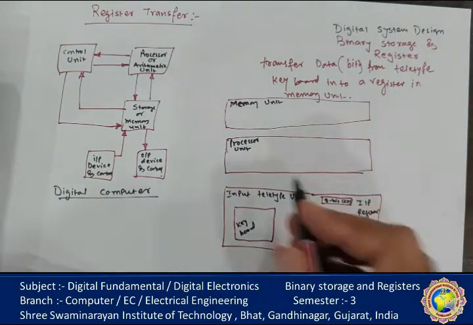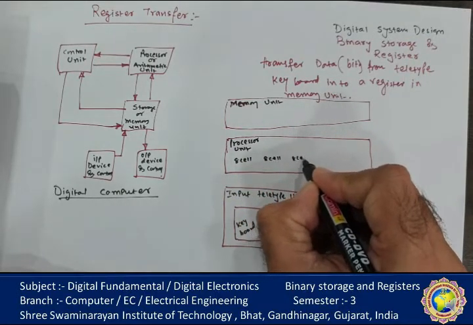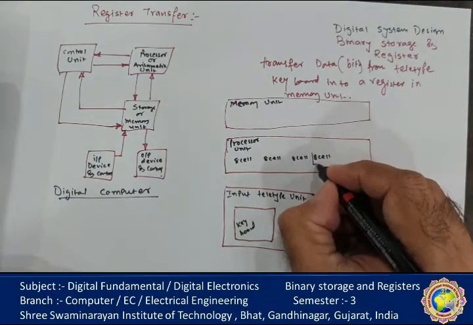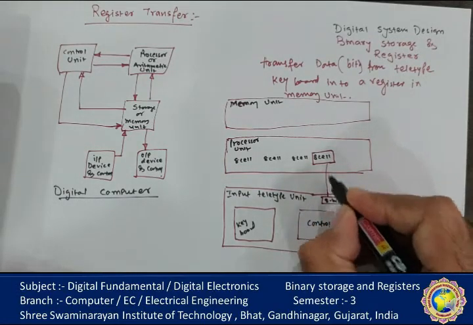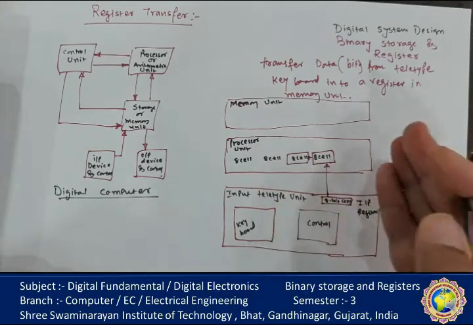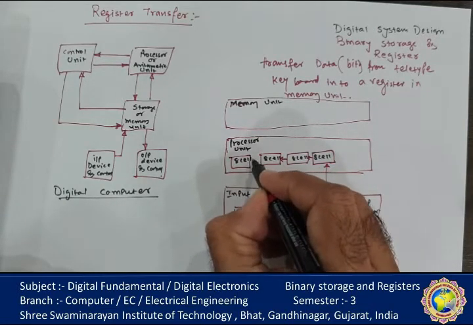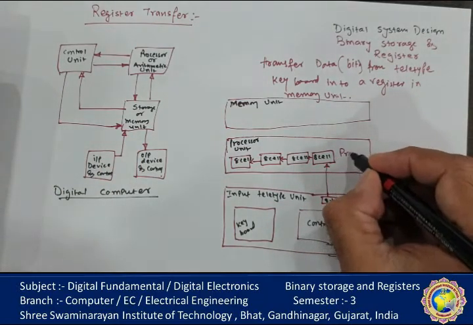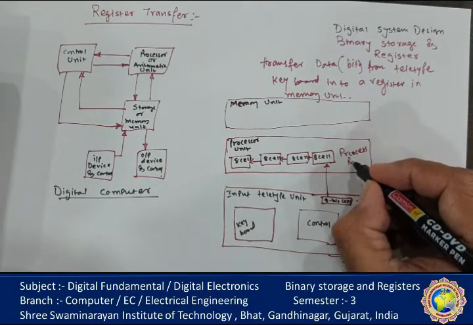The processor unit contains 8 cells, and 4 bytes can be stored. This register is a shift register. Whatever data comes from the teletype keyboard register is transferred into the 8-cell register, shifting from right to left. This is known as a shift register, and all these registers are inside the processor unit, so it is called the processor register.